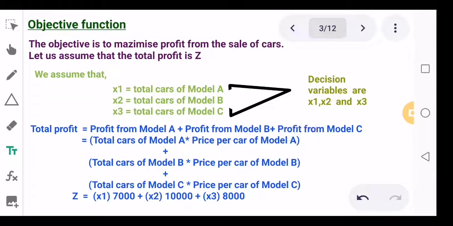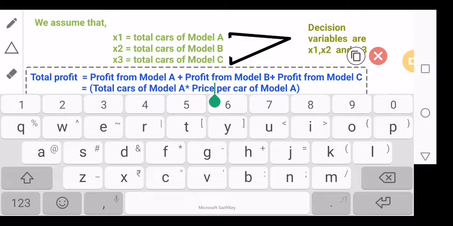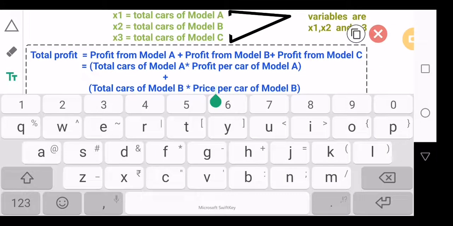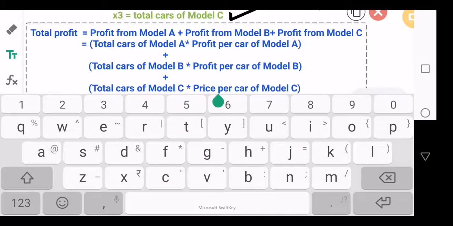Your total profit will be equal to the total cars of Model A times the profit per car of Model A, and so on. All the profits per car of Model A, Model B and Model C are given in the question.